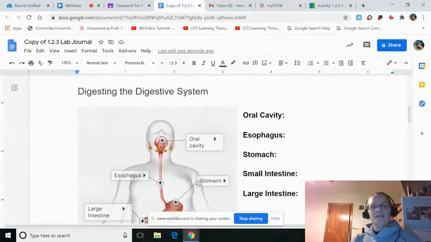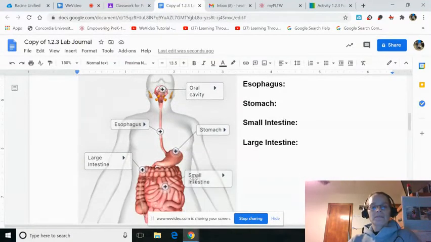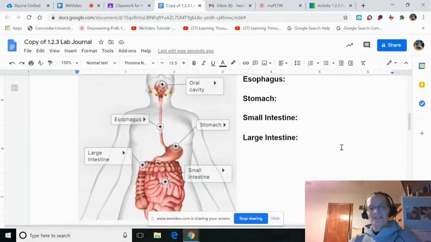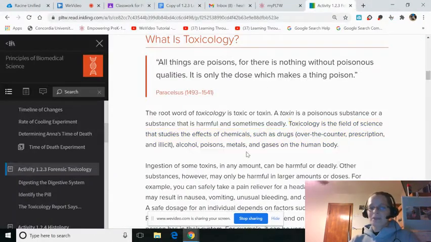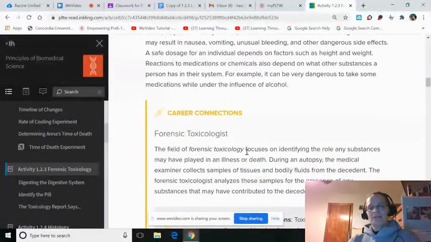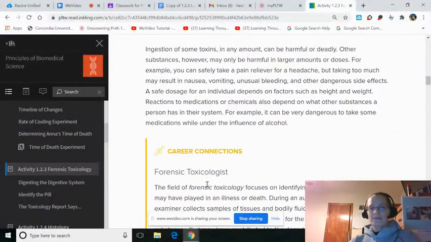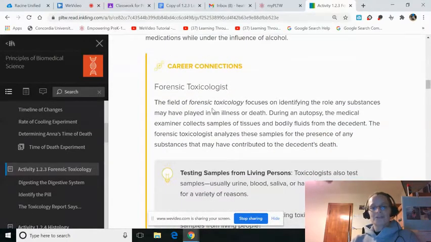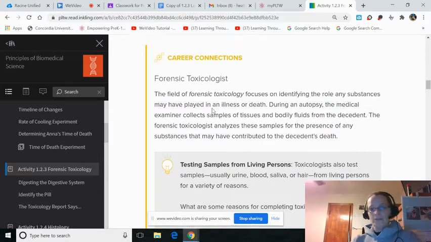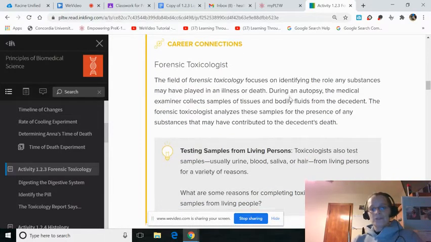The oral cavity, your mouth, the esophagus, the stomach, the small intestine, and the large intestine. So it's good to have this open because you can look at, you see some toxins can be harmful. Forensic toxicologists are people who study what may have killed a person. So an autopsy.